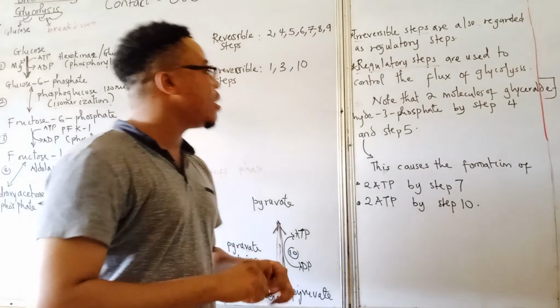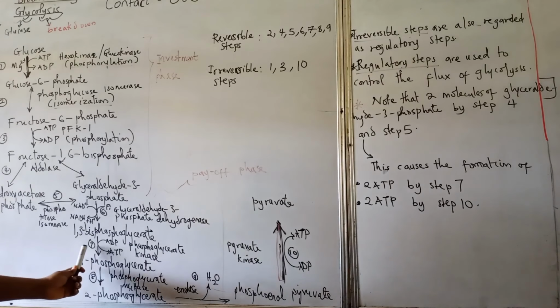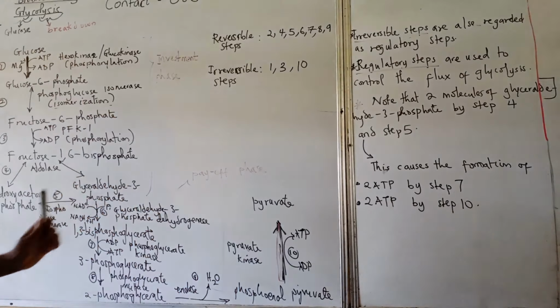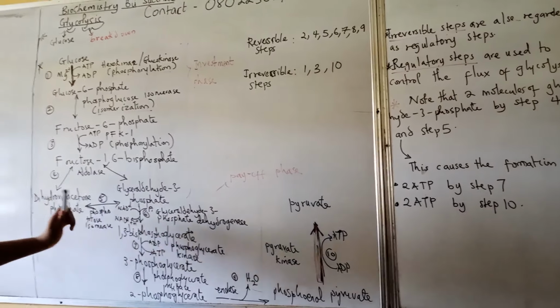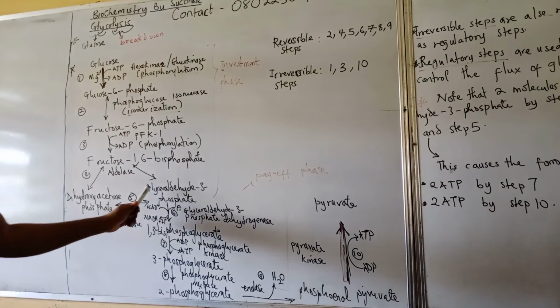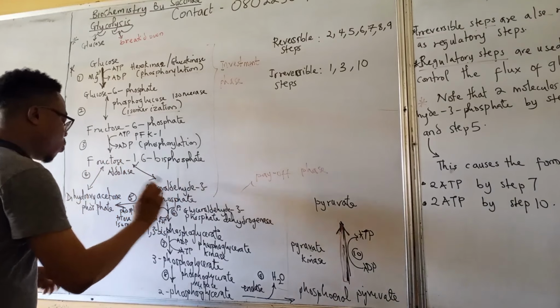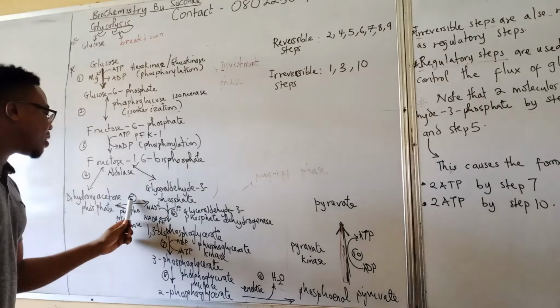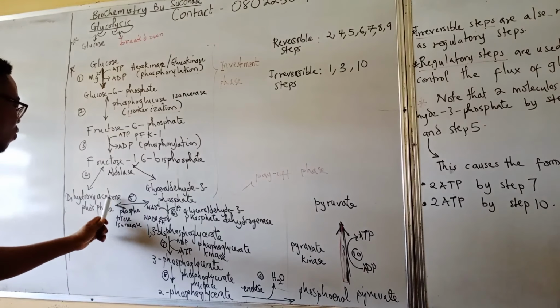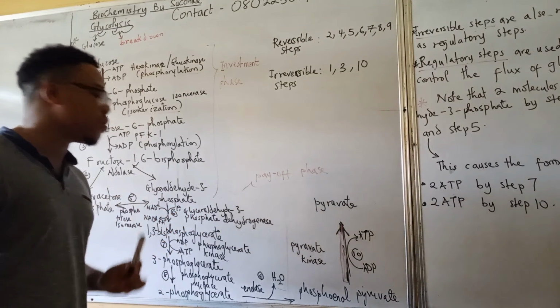Please take note. Then, to explain why there are two ATPs produced in each of these steps, step 7 and step 10: from step 4, one molecule of glyceraldehyde 3-phosphate is produced. Then from step 5, the dihydroxyacetone phosphate is also converted to form glyceraldehyde 3-phosphate.